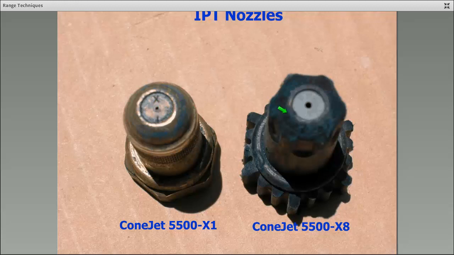If you're doing an individual plant treatment, spraying wattle, spraying the leaves, an X8 nozzle would have a lot better coverage. Either one of these nozzles, it is convenient and to your benefit to put a check valve behind it that will prohibit it from dripping once you stop spraying. So that is much appreciated.